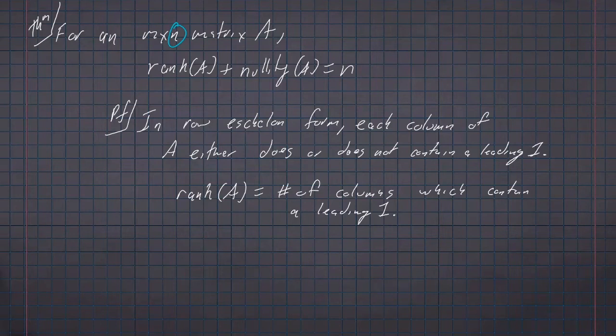When you are solving the homogeneous linear system AX equals 0, you are always able to fix values for each of the columns which contain a leading one, or for the variables which correspond to each of the columns with a leading one.